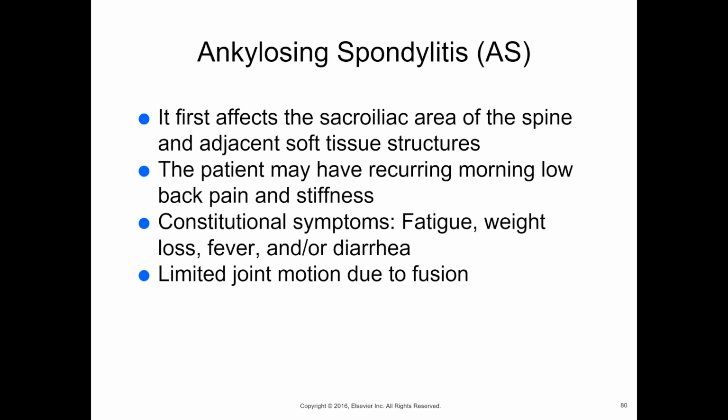Next, ankylosing spondylitis. We mentioned it earlier, but this is another systemic progressive inflammatory disease. But unlike RA starting in the hand, ankylosing spondylitis tends to start in the spine, typically in fact the low back.